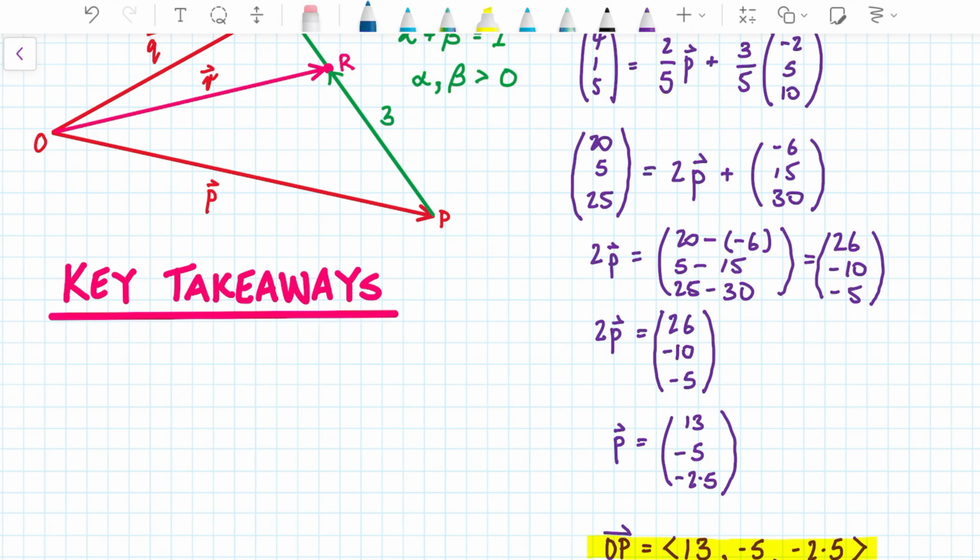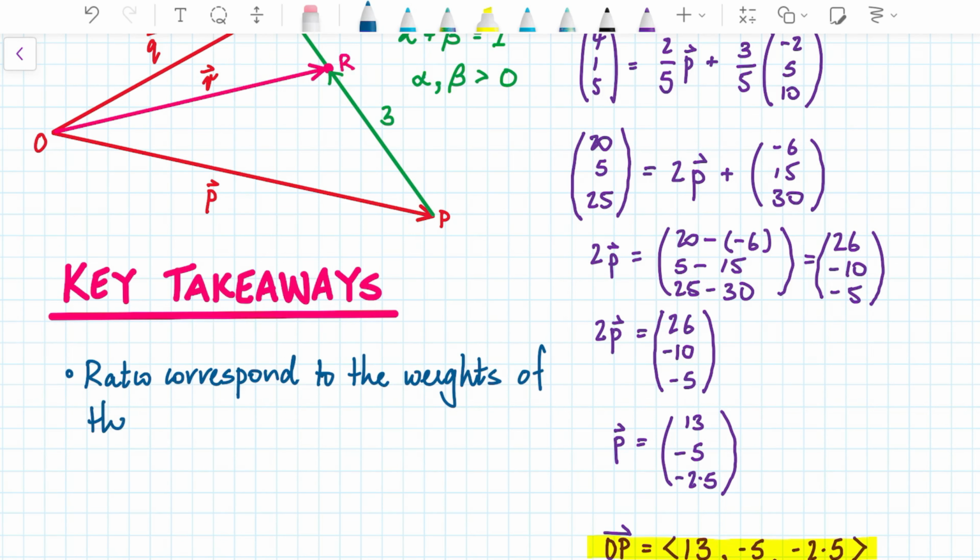When doing these kinds of internal division problems, guys, there's a few key takeaways that I'd like you to leave the video with. The first and most important is that the ratios correspond to the weights of the position vectors.